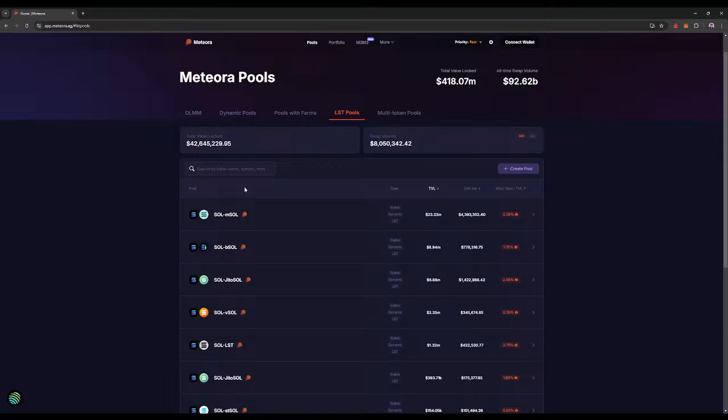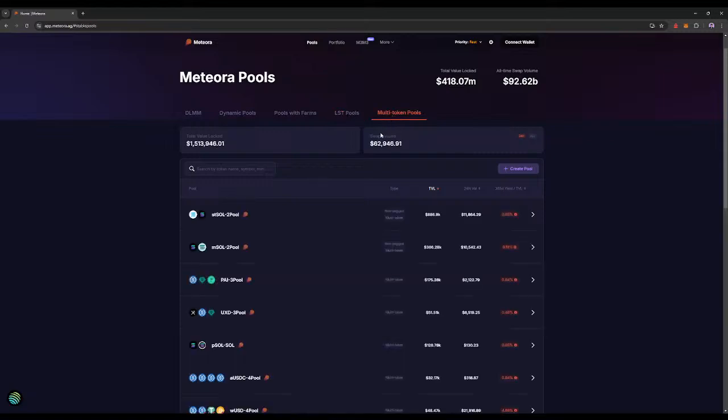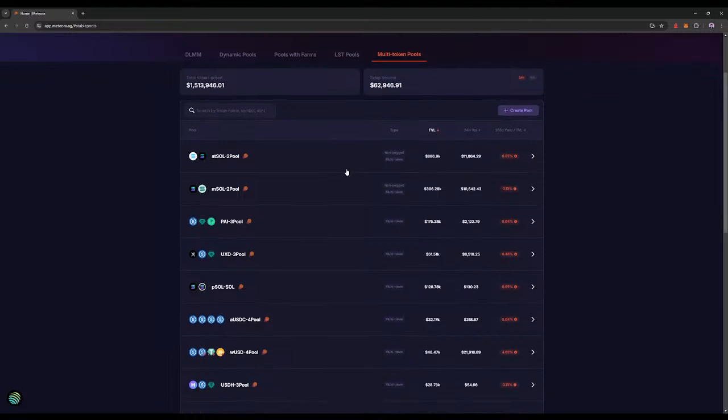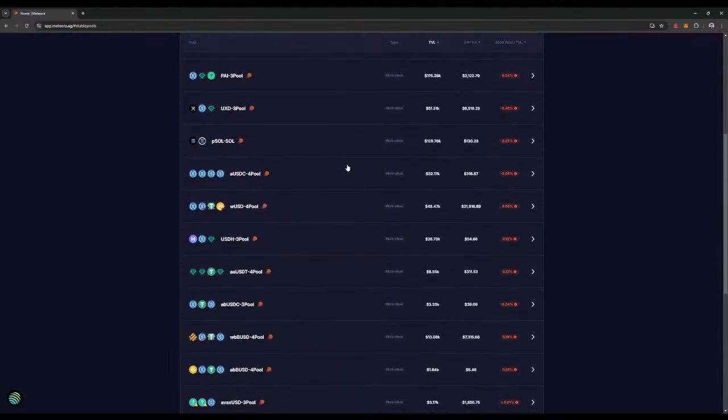And then finally we have these multi-token pools. These are pools wherein more than two tokens can be deposited in the same pool. Some of these pools are the majority liquidity providers for the Wormhole bridge.